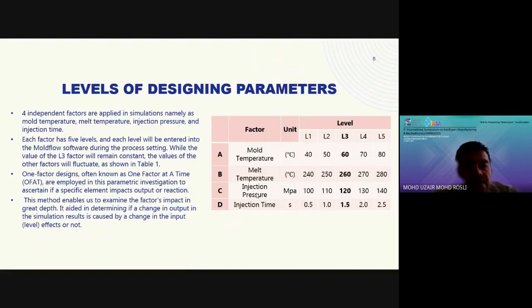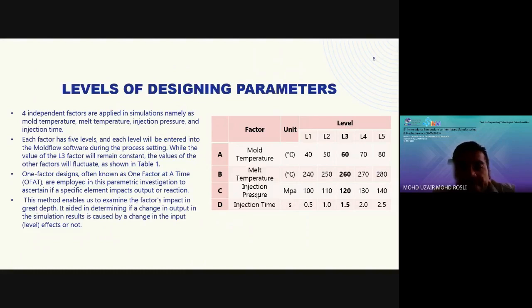While the value of the L3 level will remain constant, the values of the other factors will fluctuate, as shown in table 1. As you can see in the table, there are four factors: mold temperature, melt temperature, injection pressure, and injection time. There are 5 levels for each factor.